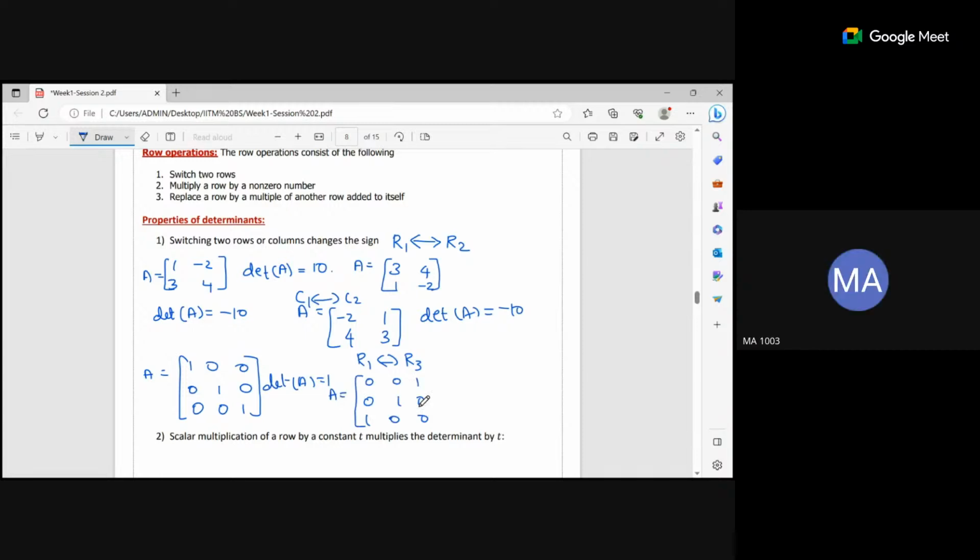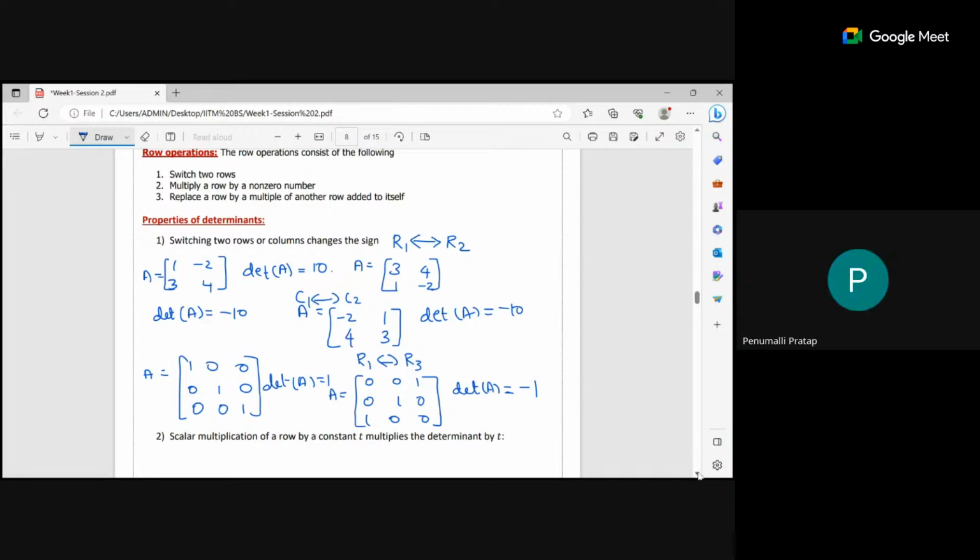Now what is the determinant of this matrix? 1 into minus 1, it is minus 1. So irrespective of the size, if you interchange any two rows or columns, the determinant changes the sign.